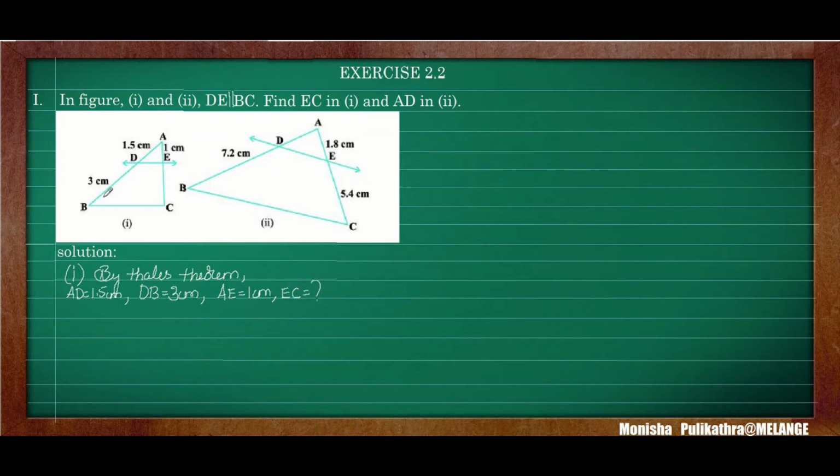So by Thales theorem, the formula is AD by DB is equal to AE by EC. Here the value of AD is 1.5 divided by the value of DB is 3 is equal to AE value is 1 divided by EC, we need to find out.